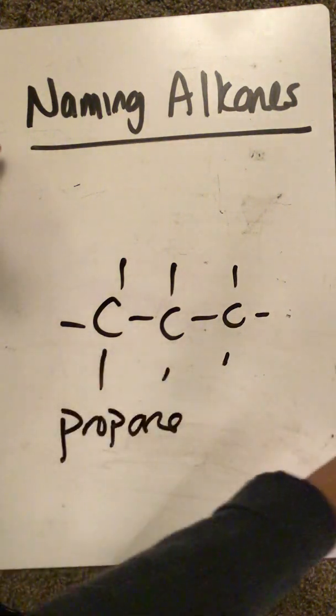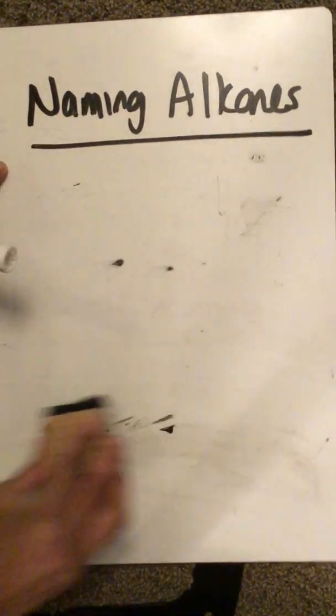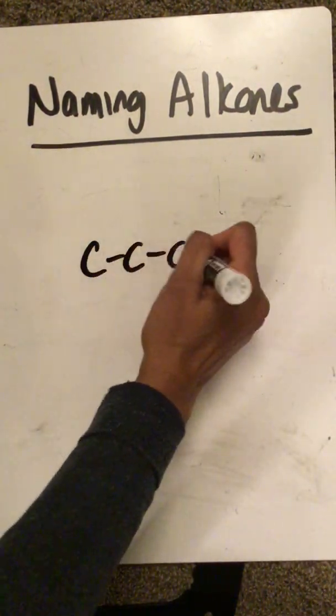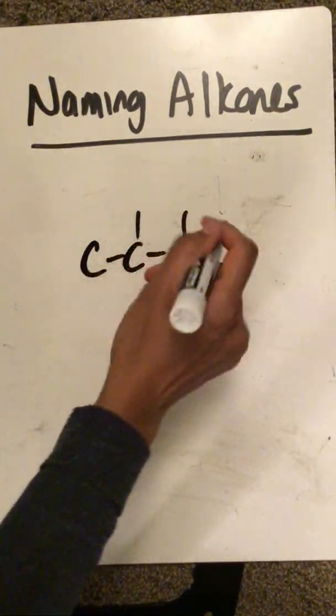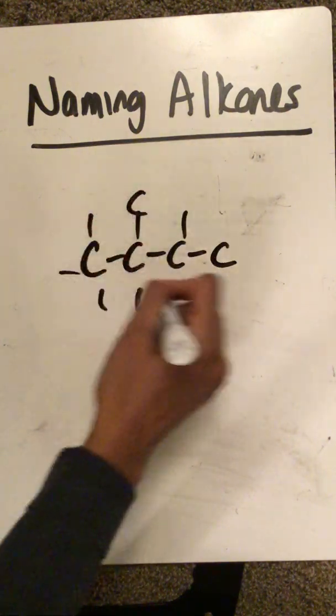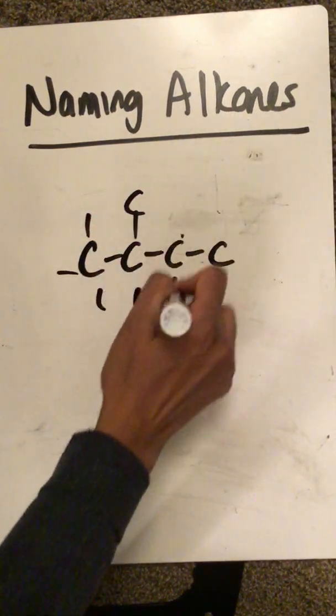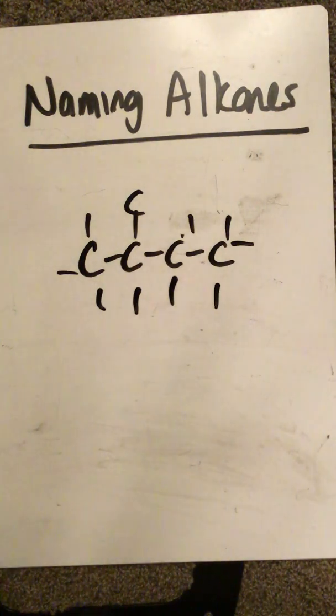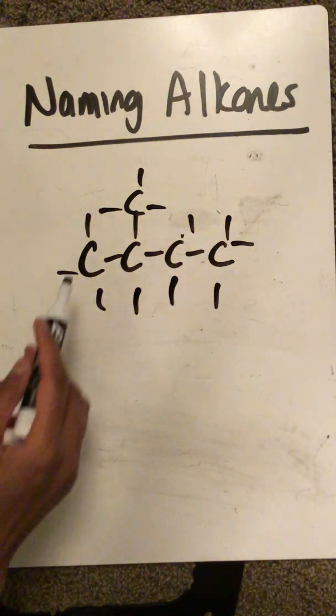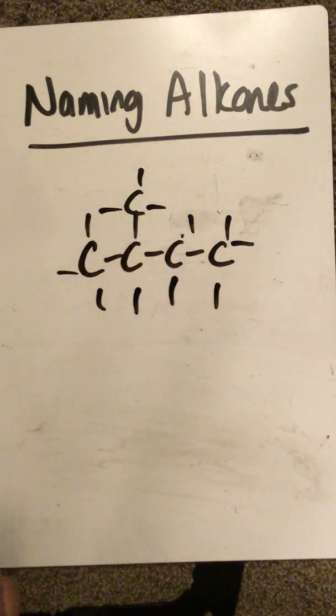Now, it gets a little bit complicated because you got to name, what happens if I give you this? Okay, well, if I give you this, right, all I can see is 1, 2, 3, 4, 5 carbons. So I'm like, oh, well, what's 5 carbons?